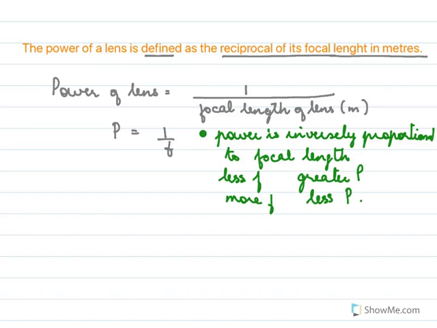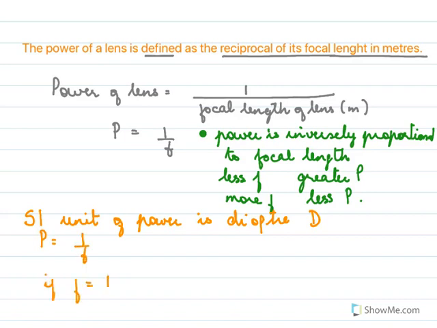Now we have to give an SI unit to power, and the SI unit of power is diopter, denoted by D. How do we define 1 diopter? We know P equal to 1 by F. Now if F equal to 1 meter, then P equal to 1 by 1, that is P is 1 diopter.